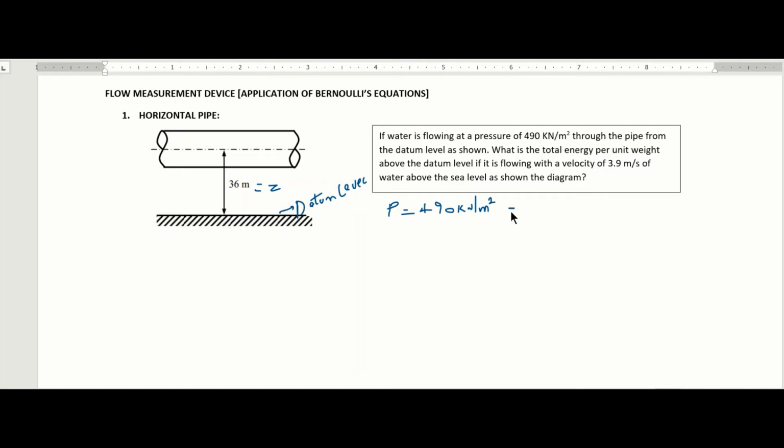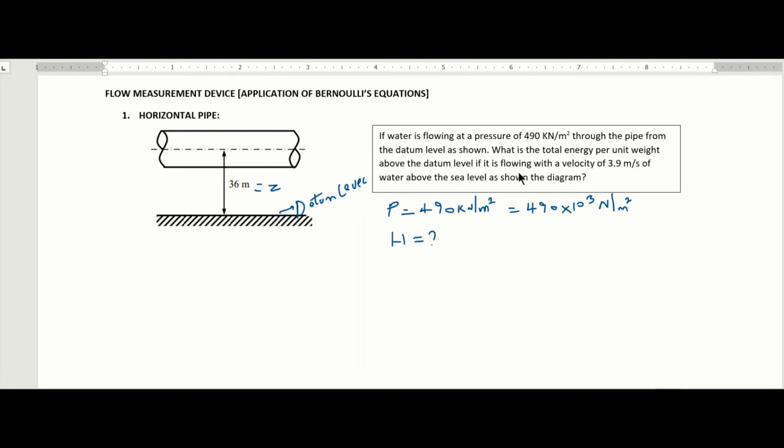That can be written as 490 times 10 to the 3 Newton per meter squared. Okay, so what is the total energy per unit weight? Our total energy is not given to us, that is our unknown.